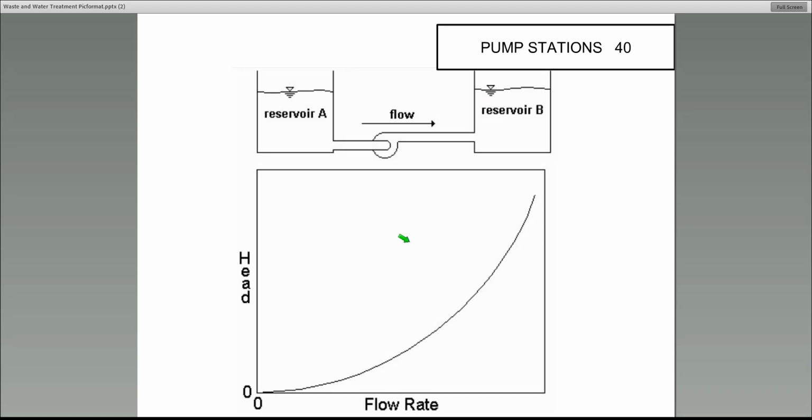Then it would start out on the left side, and this is the important thing: on the left side, the head would be 0 if everything's at the same elevation. You have the same head elevation there. So you'd start out at 0, and to pump a certain amount, the flow rate, depending on what flow rate, the curve would go up like that.